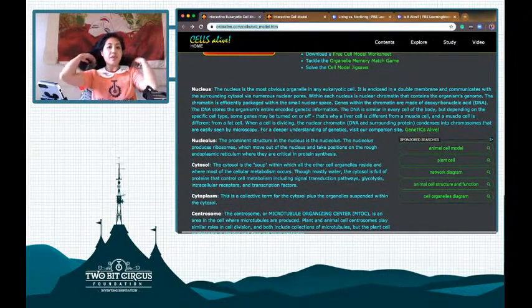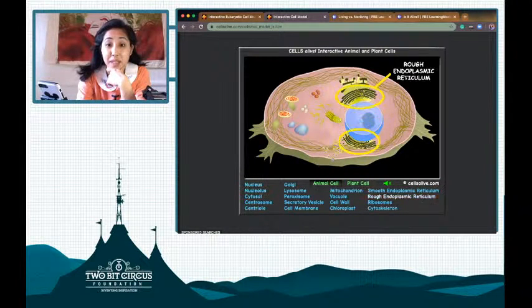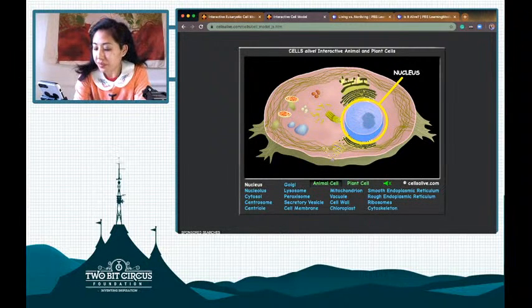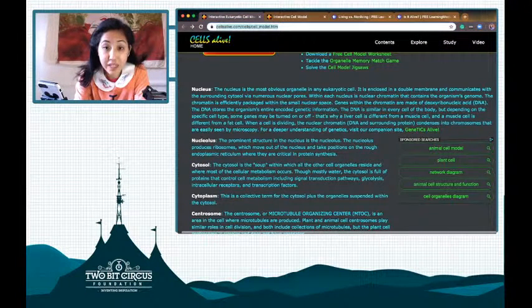Okay, so the nucleus, that big purple part, is the most important part of the cell, as it says right here. So nucleus, this big place right here. This is what we are talking about, my friends. This nucleus is super important to the entire cell.